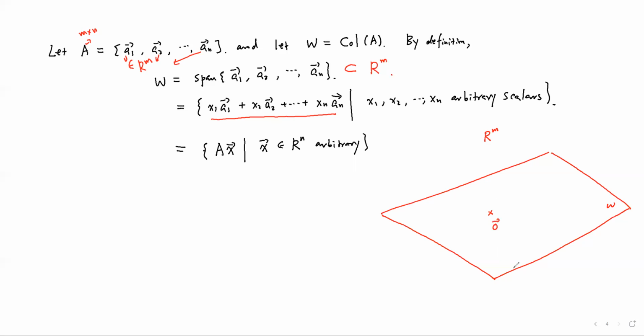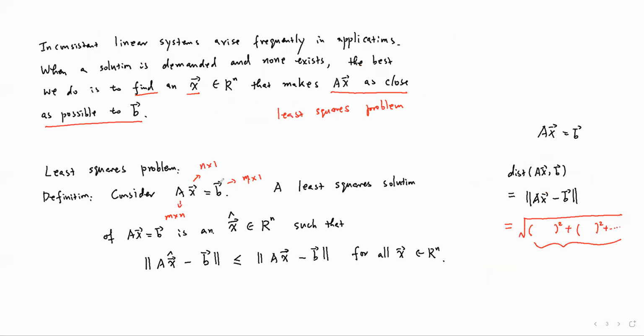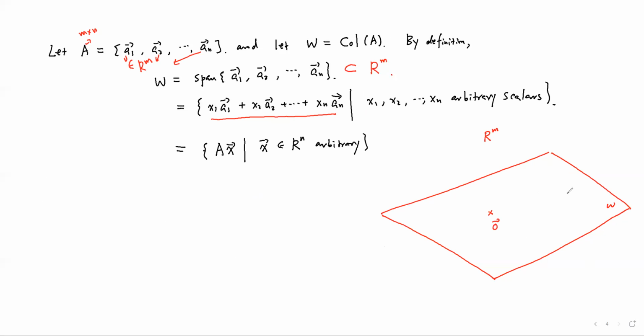Now B, this vector is an m by 1 vector. B is in Rm. B, say, here.